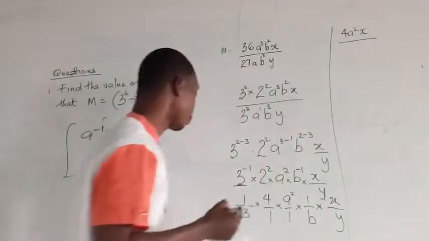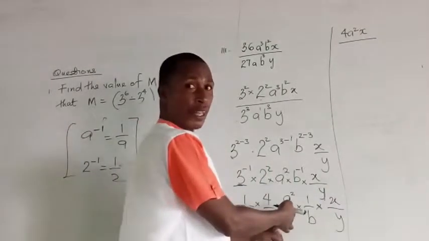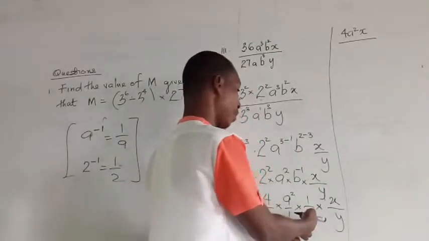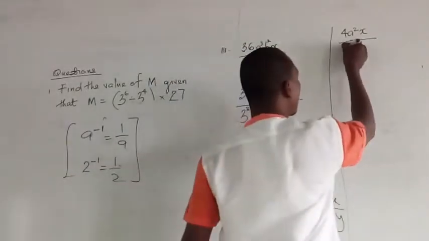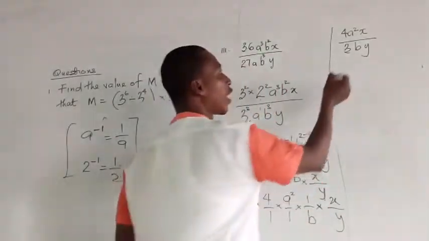And in the denominator, 1 times 3 is 3, times b is 3b, times y is 3by. This becomes your answer.